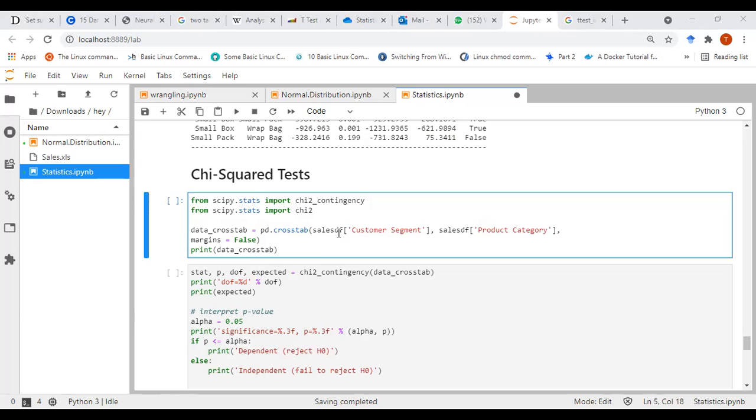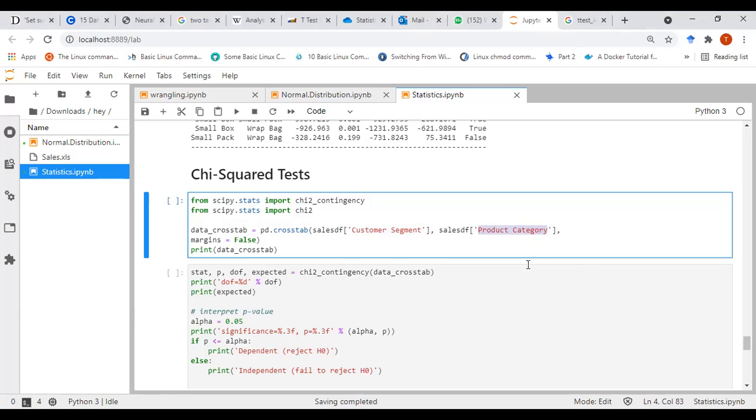No no, where did the mean come from here? This is a chi-square test. There is no numerical variable. Where is the mean? Mean of what? Customer segment is a string variable. Product category is also a string variable. Is there a numerical variable? You talk about the number.